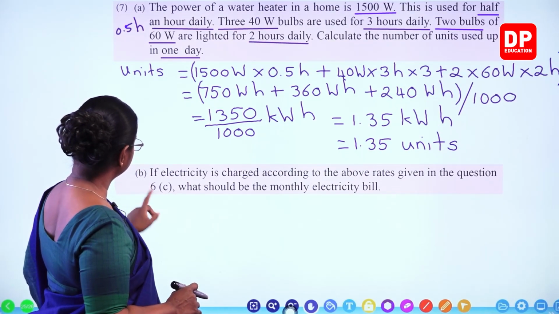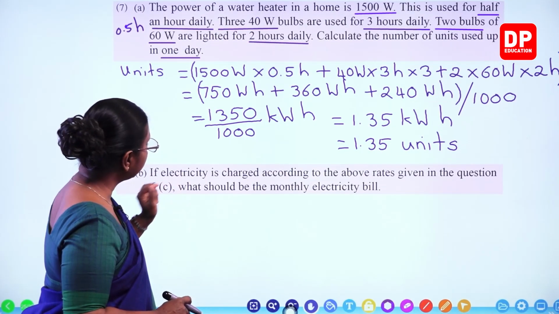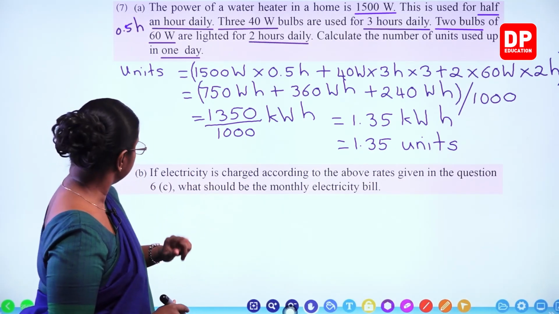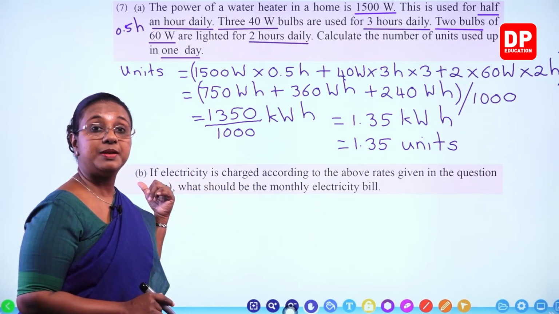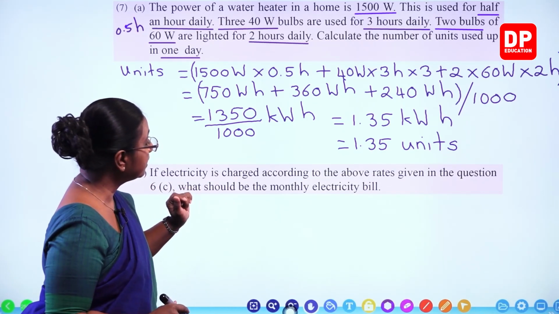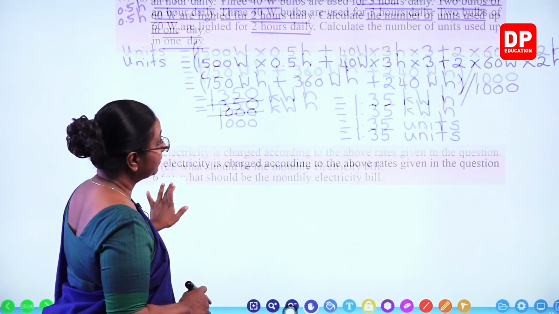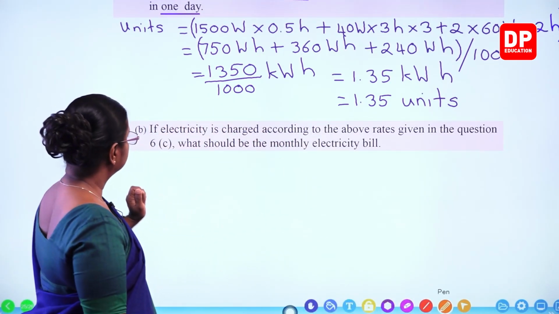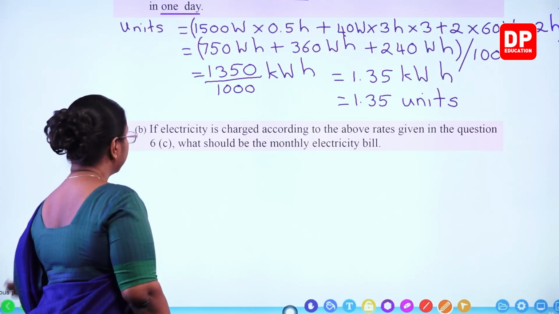Second part of the question, B part. If electricity is charged according to the above rates given in the question 6C, that is the previous question, what should be the monthly electricity bill? So we will quickly go back and have a look at the charges in the previous question.